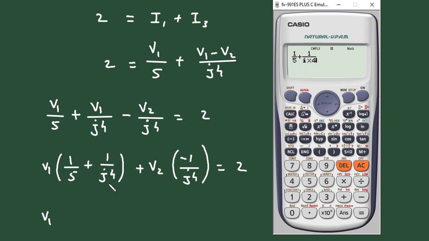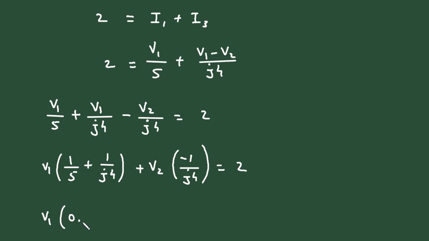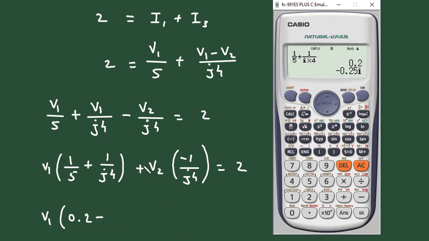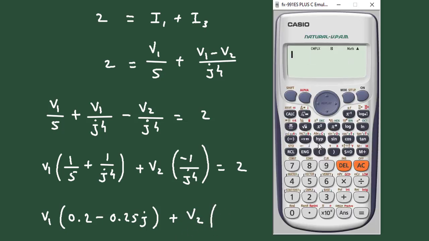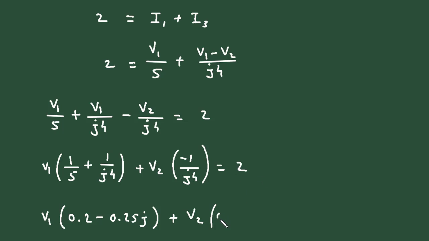It is equal to 0.2 minus 0.25 J, then plus V2 in bracket minus 1 upon J into 4, it is equal to minus 0.25 J, it is equal to 2. Let's assume this as equation number 1.